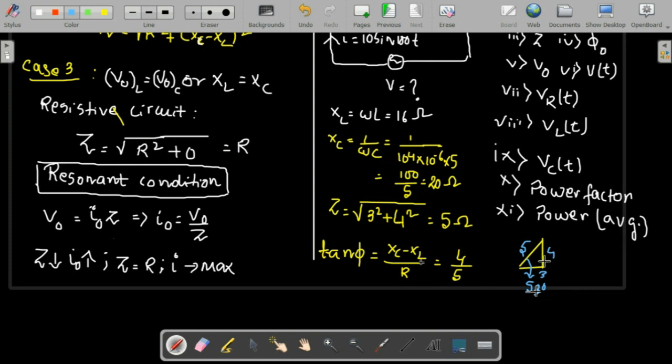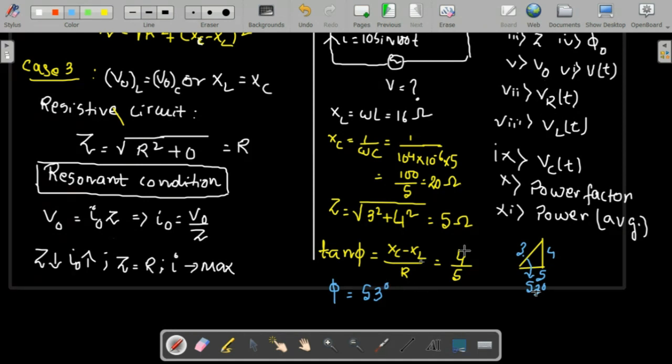Sorry, this is what I've written upside down. This is 3, 4, 5. Perpendicular divided by base, so this is 4 by 5, so that's 53. You can remember it like this. So phi is 53 degree, that's my phase difference.